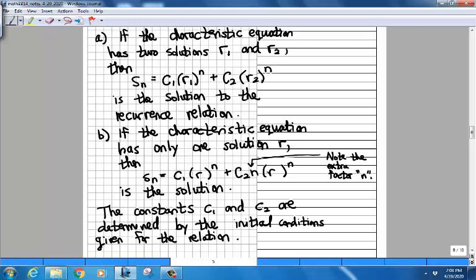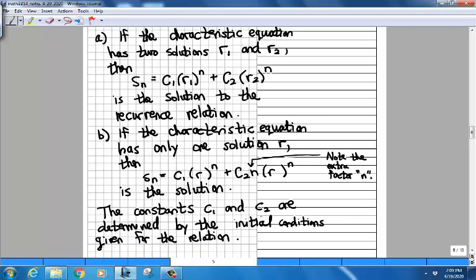You still have 2 terms in your solution: one is a constant times your root to the nth power, and the second is a constant times this factor n thrown in, times your root to the nth power. So very similar to this, except this extra factor of n you have to put into the second term.